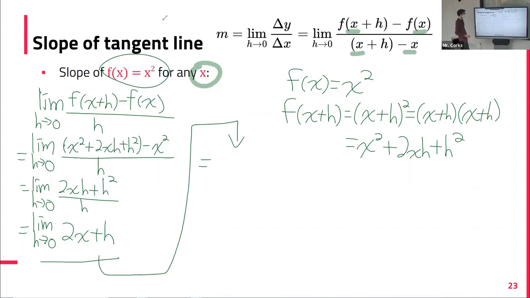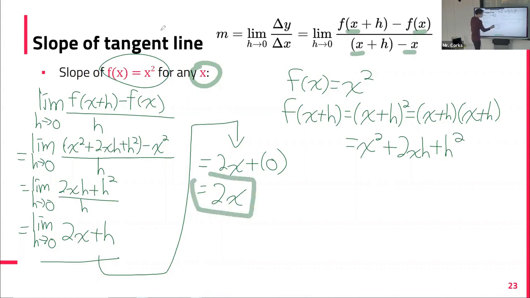We have no more dividing by 0 problem. So 2x plus 0. Okay, so it turns out we were right. So for any point x, the slope is just double that value, 2x. So this is our mathematical proof that yes, that pattern is actually what we have here.